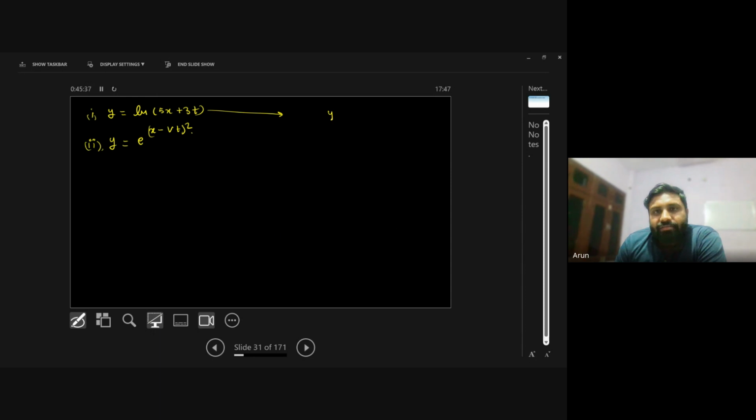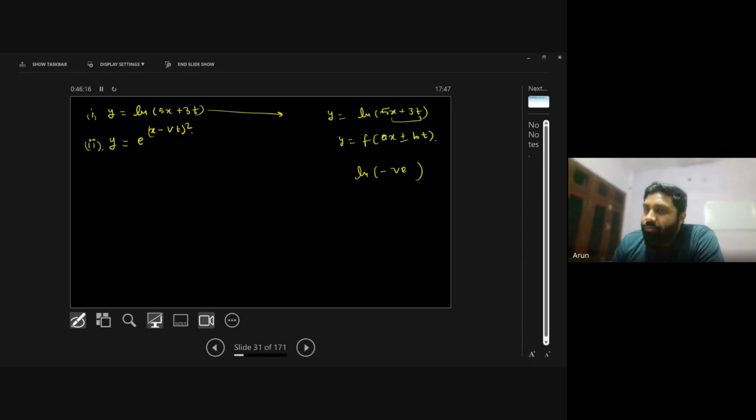So y equals ln(5x + 3t). Now you will see that it somehow matches the form ax plus or minus bt. But there is another condition also, that y should be defined for all the values of x and t. Suppose we can put values of x and t such that the expression inside the ln becomes negative.